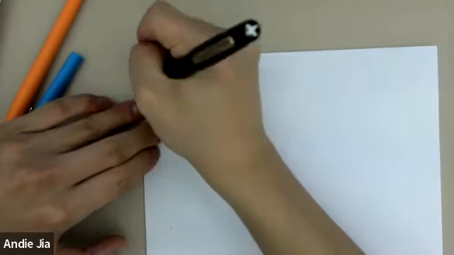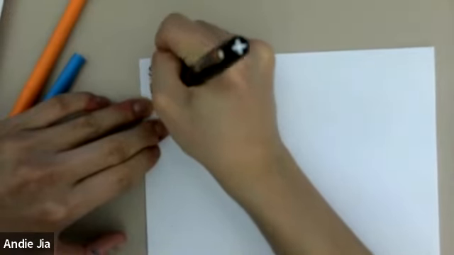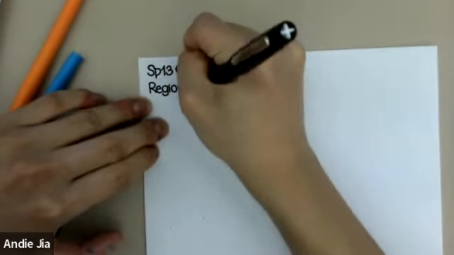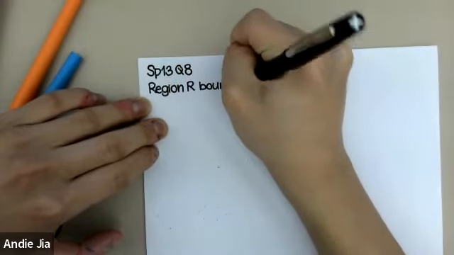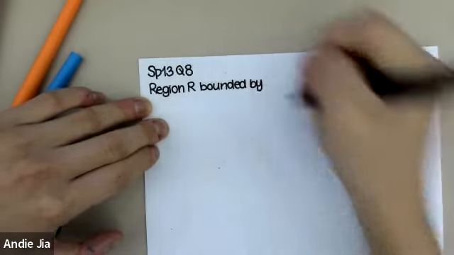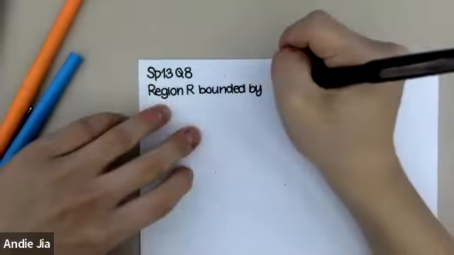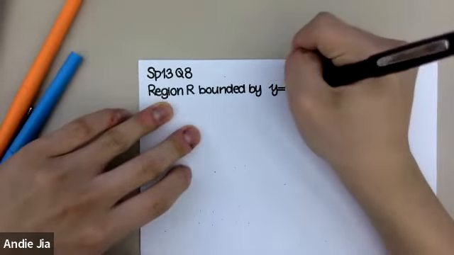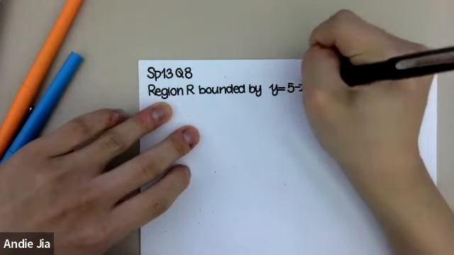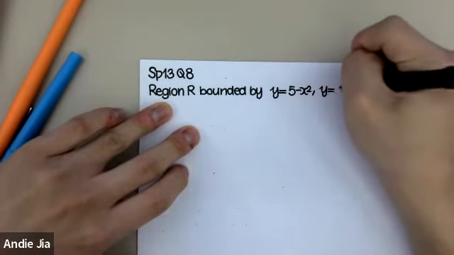So region R is bounded by y equals 5 minus x squared, y equals 4x squared.